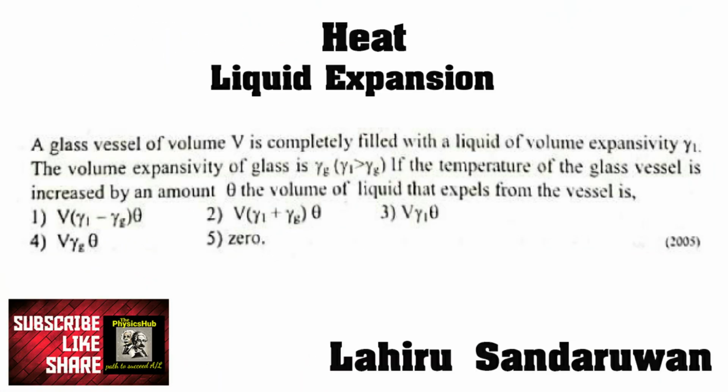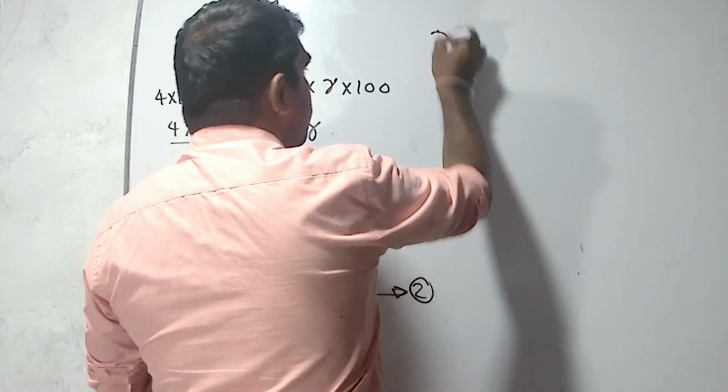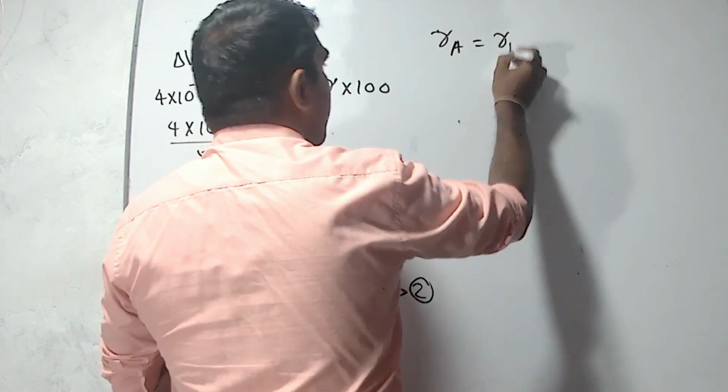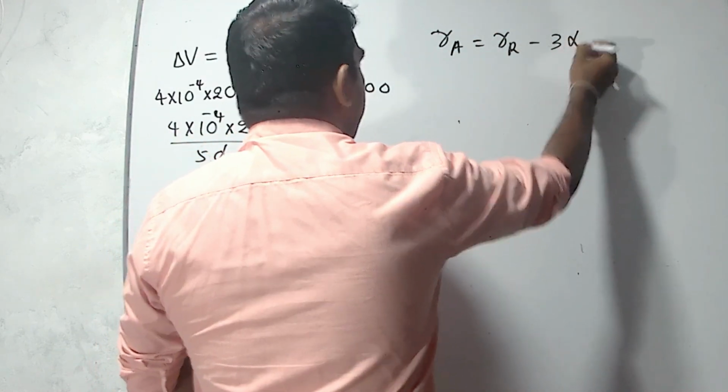A glass vessel of volume V is completely filled with liquid of volume expansivity gamma L. The volume expansivity of glass is gamma G. They have given gamma L is greater than gamma G. When the temperature of the glass vessel is increased by an amount theta, the volume of liquid that expels from the vessel is gamma apparent equals gamma real minus gamma glass.